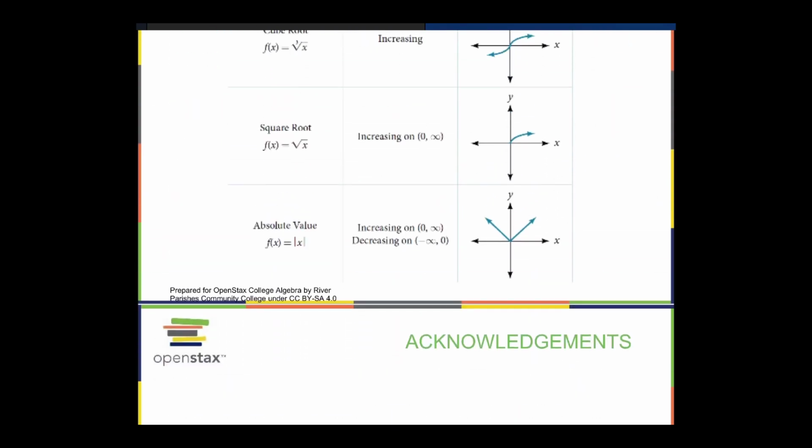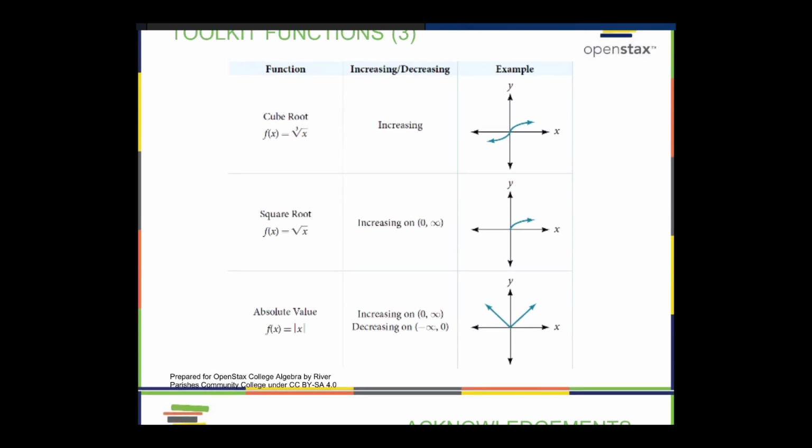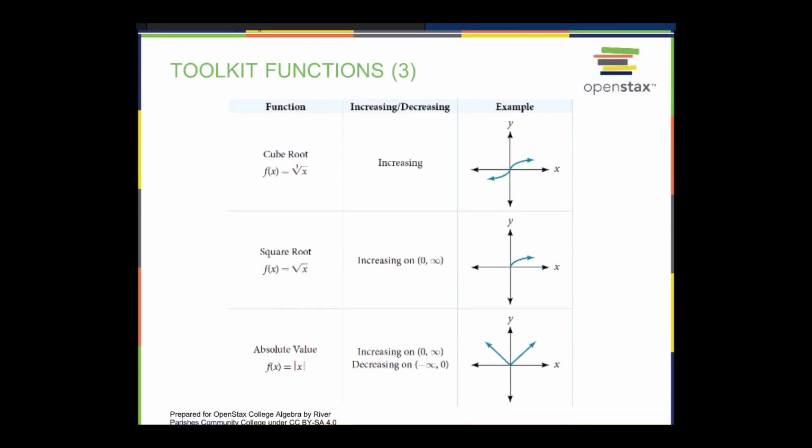That will help us as we look at graphs of functions that have these as a parent function, meaning it's the same basic shape but moved around a little, and that will help you with where it's increasing and decreasing. So look over those, and that's all I have for this section. If you have questions, please let me know.